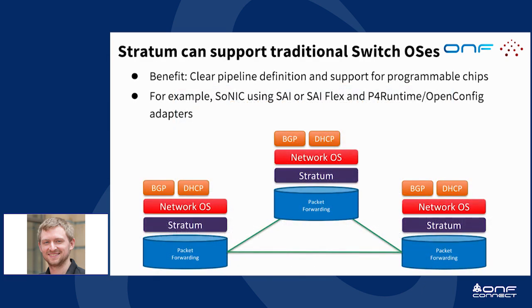So the next part is, how do we support traditional switch OSs? Because maybe the SDN part was clear, but another thing that we mentioned before is migration is a critical piece to consider in this. And so Stratum can help initially in the context of traditional switch OSs by providing a clear pipeline definition.